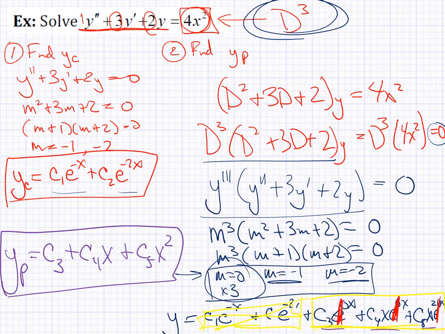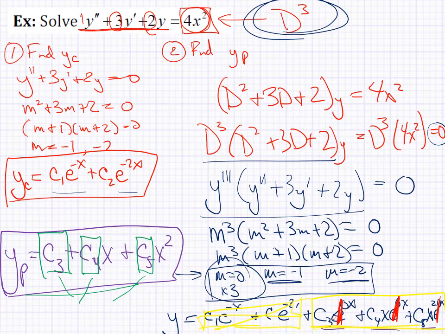But I say the form of y sub p, and I don't say that that is what y sub p is, because y sub p is what we call a particular solution. And a particular solution needs to be free of arbitrary parameters, which are these C3, C4, and C5. So what you need to do now is figure out what these parameters need to equal in order for this to be a particular solution.